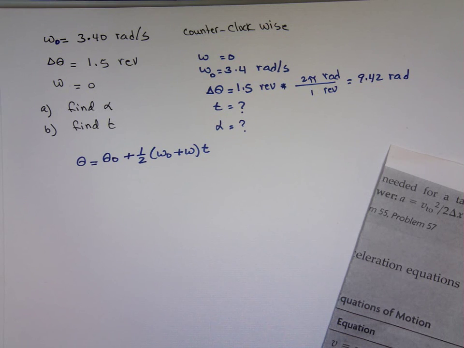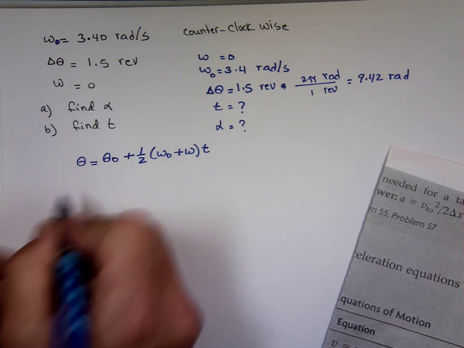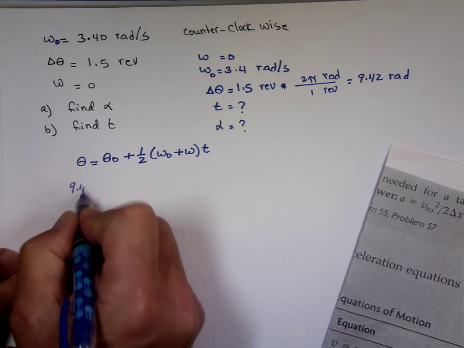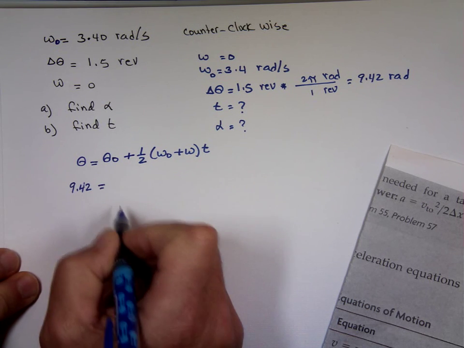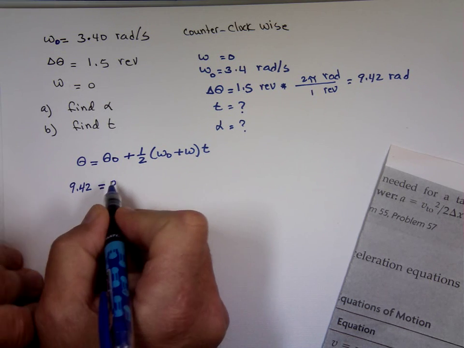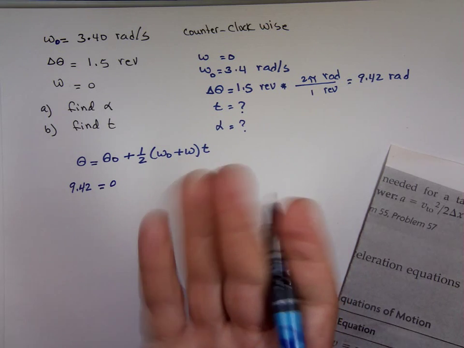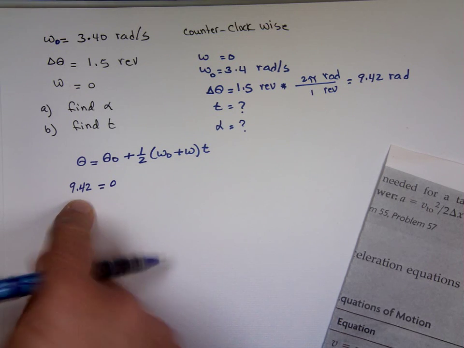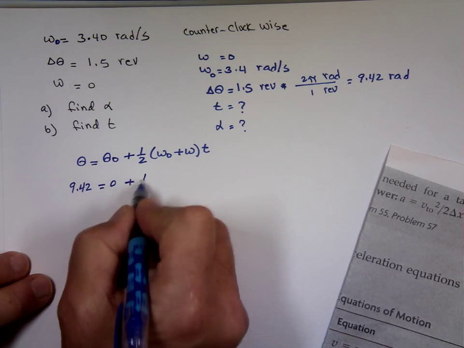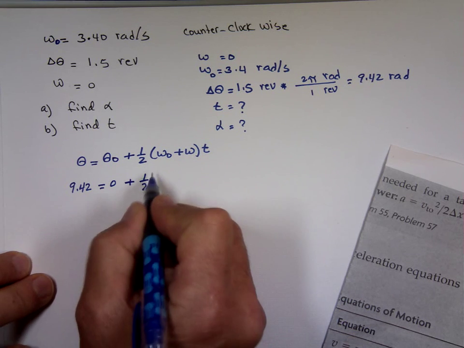So let's plug them in. 9.42 equals theta 0, which is 0. I'm assuming where we start from is 0, and this is how far you went. Plus 1/2 (w0, which is 0.